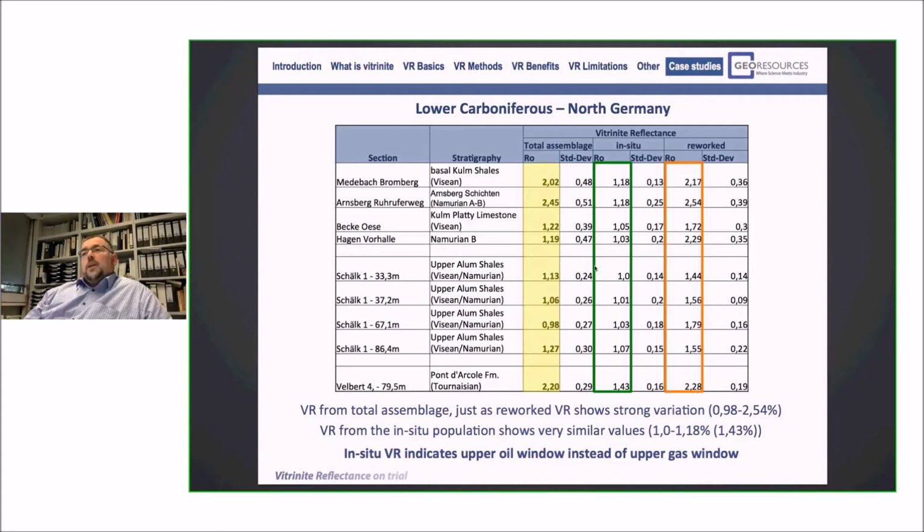So what we see here is that in the total assemblage we have a wide spread from almost 1% to almost 2.5%. But if you look at the in situ assemblage, we see a relatively narrow range of maturation from about 1% again to almost 1.2%.